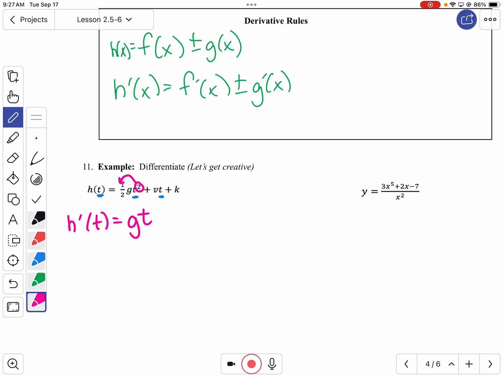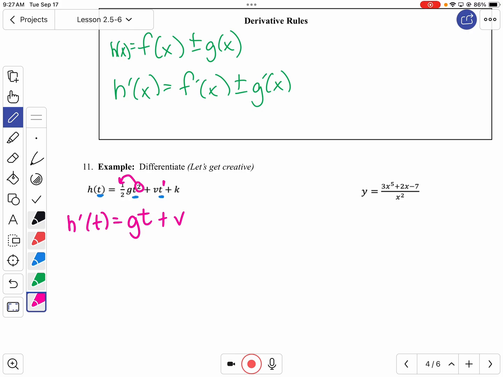My exponent is 1, so 1 times my coefficient is v. What's 1 times v? V. T is going to reduce by 1, t to the 0 would disappear. K is a constant. What's the derivative of any constant? 0, and that's my derivative.